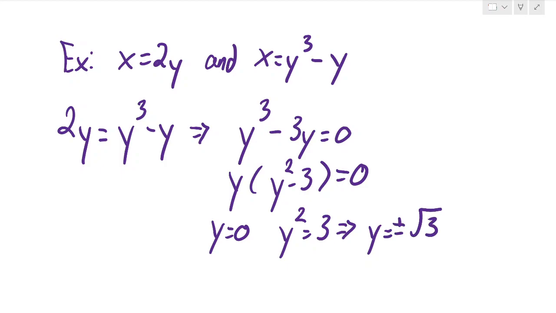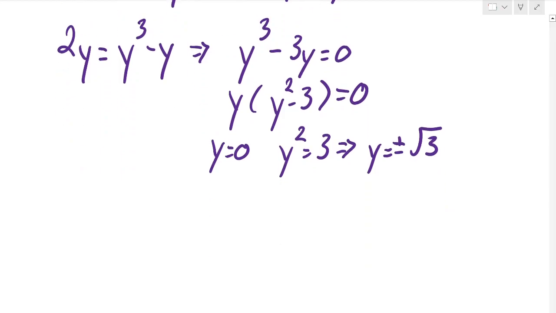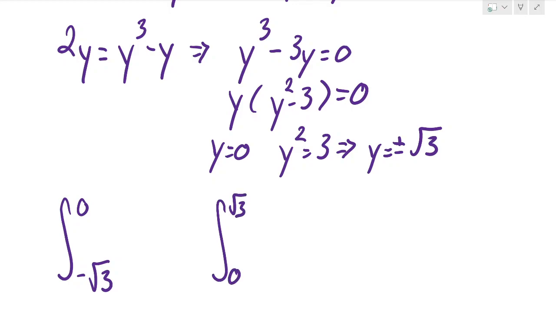So there's 3 intersection points, okay? So we can imagine that we're going to have an integral from negative root 3 to 0, and then another one from 0 to root 3. So now the question is, which one is the larger one, right?